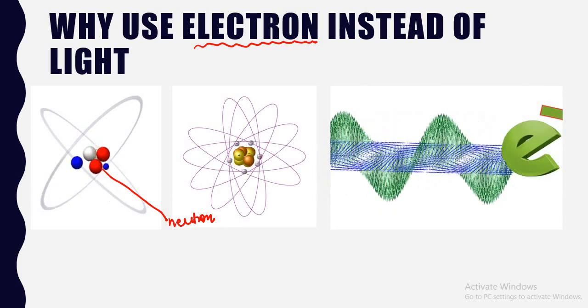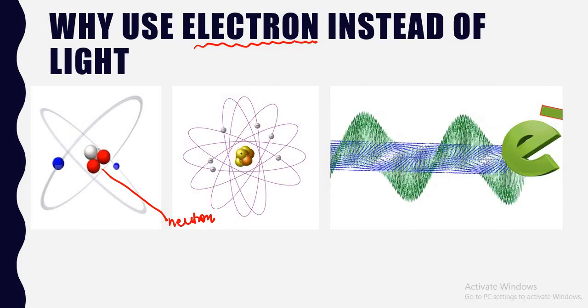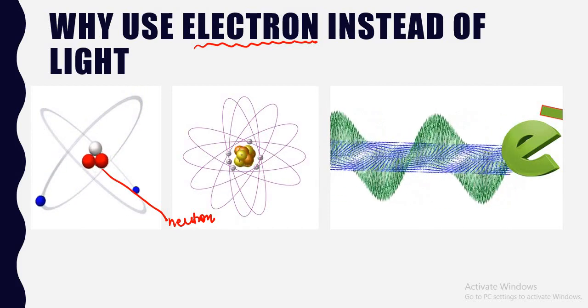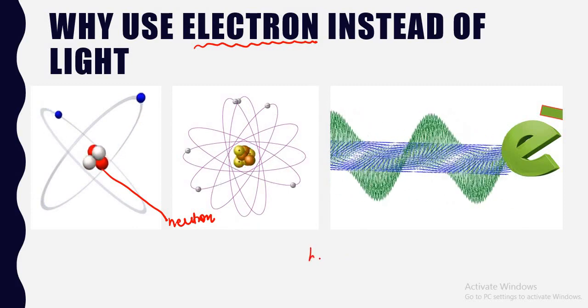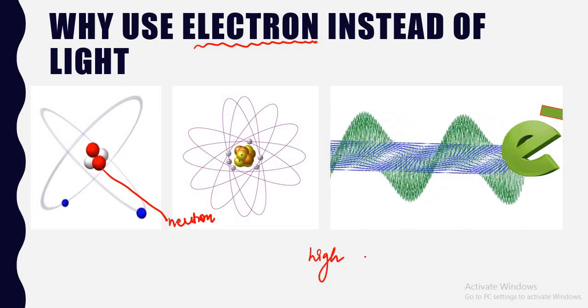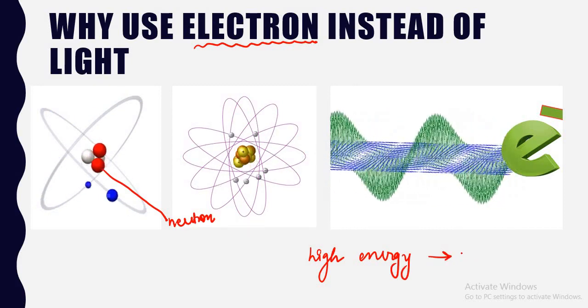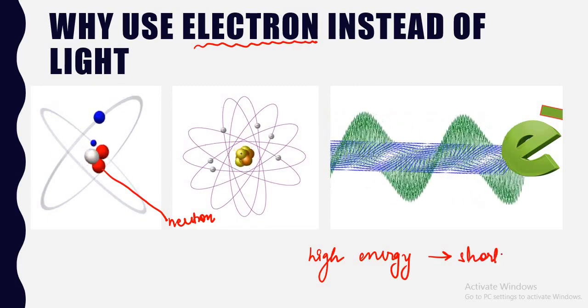And according to the Louis de Broglie equation, free electrons behave as a wave. And this electron has a high energy. So the higher the energy, the shorter the wavelength.